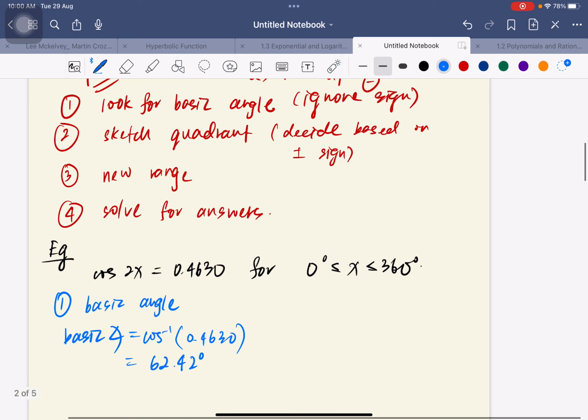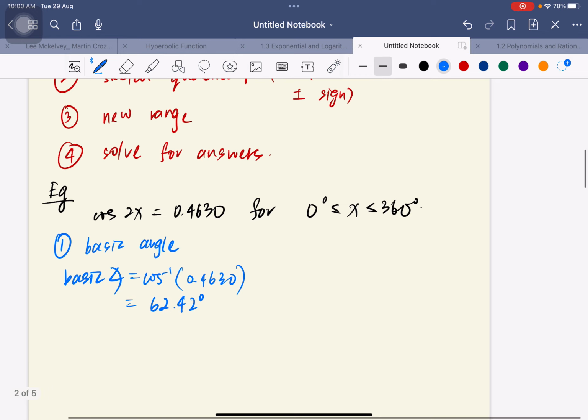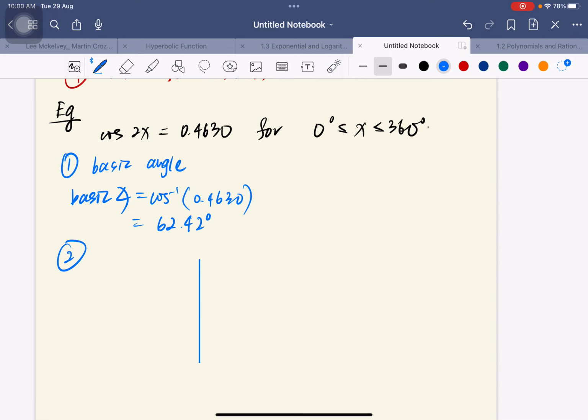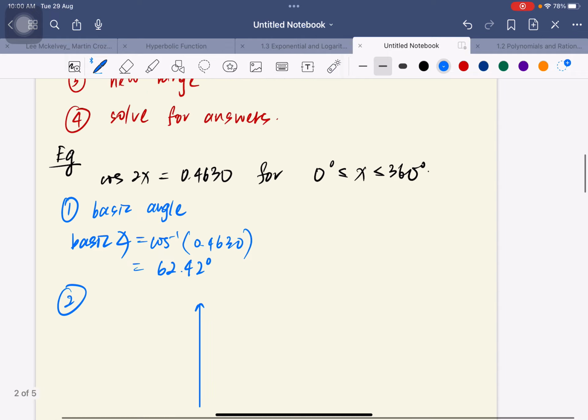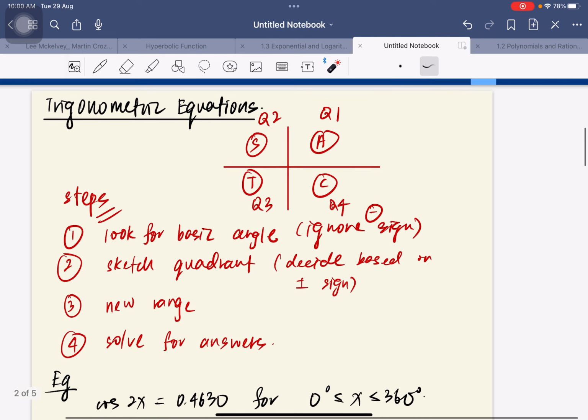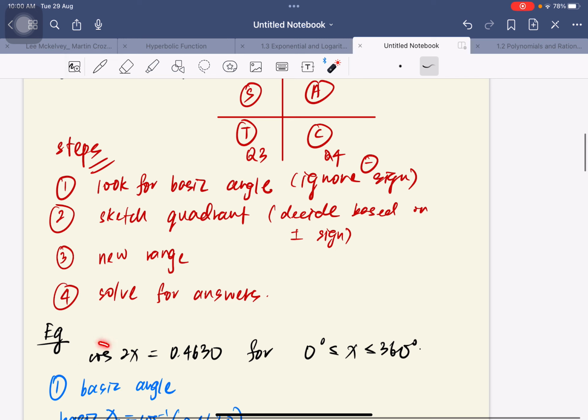The second step is to sketch out the quadrant, to determine which quadrant it is. We know that this is positive. If it's positive for cosine, we will choose the first quadrant because the first quadrant is all trigo positive, and we'll choose the fourth quadrant because we want cos positive.